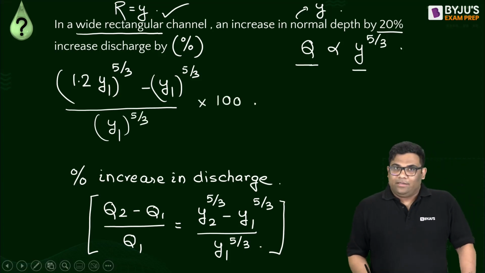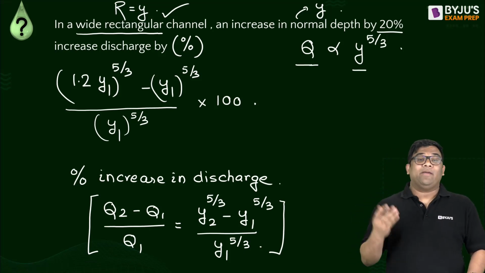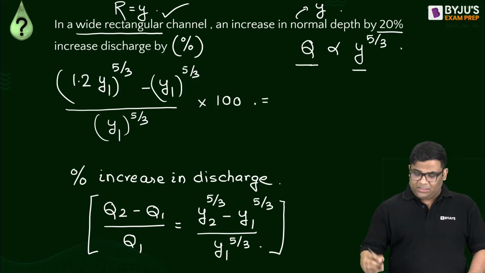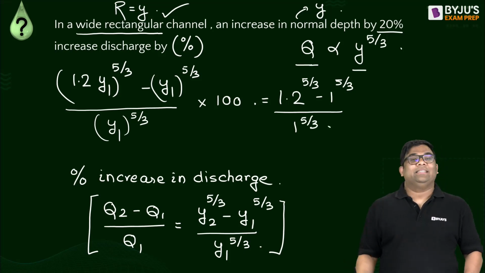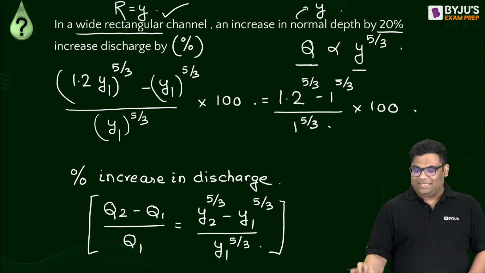Very easy, right? Now you see, in numerator and denominator y1 to the power 5 by 3 gets cancelled, and I get this in a different expression: 1.2 to the power 5 by 3 minus 1 to the power 5 by 3 divided by 1 to the power 5 by 3, into 100, because you're finding the percentage increase.